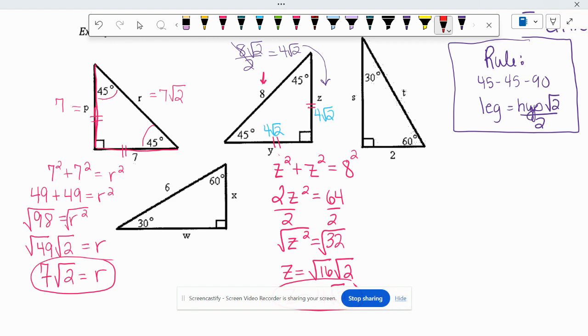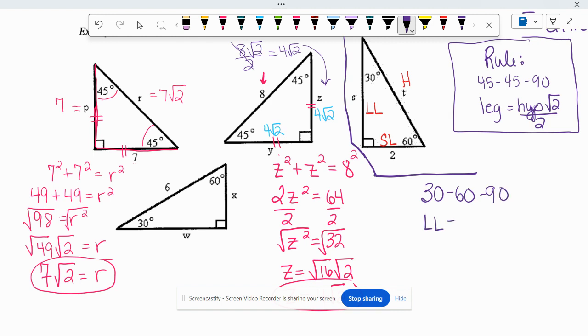Okay. So let's look at this first example right here of a 30, 60, 90. Which one is the short leg? So you have a short leg, a long leg, and a hypotenuse. I always start with that. So remember the rules for the 30, 60, 90. The long leg equals the short leg times the square root of 3.